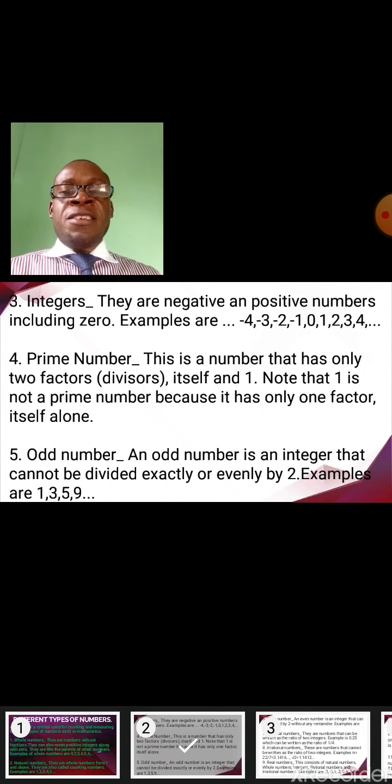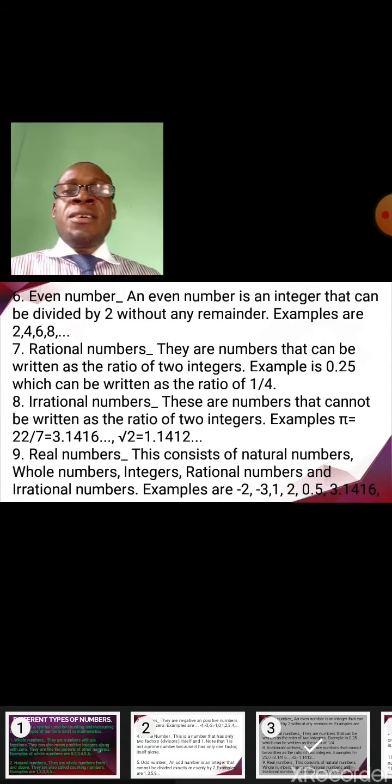The next is number 5, odd numbers. An odd number is an integer that cannot be divided exactly or evenly by 2. Examples are 1, 3, 5, 9, etc. The next is even numbers.